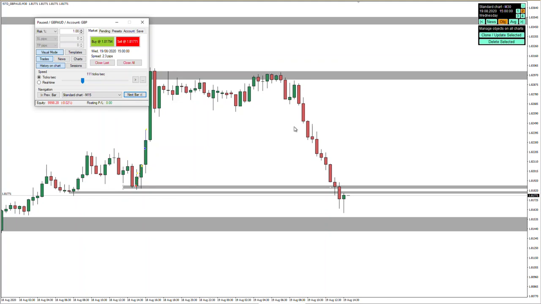Okay, this is the New York Open. We got a rejection from the support there. But we did not break this resistance and that resistance. So let's see what we get.